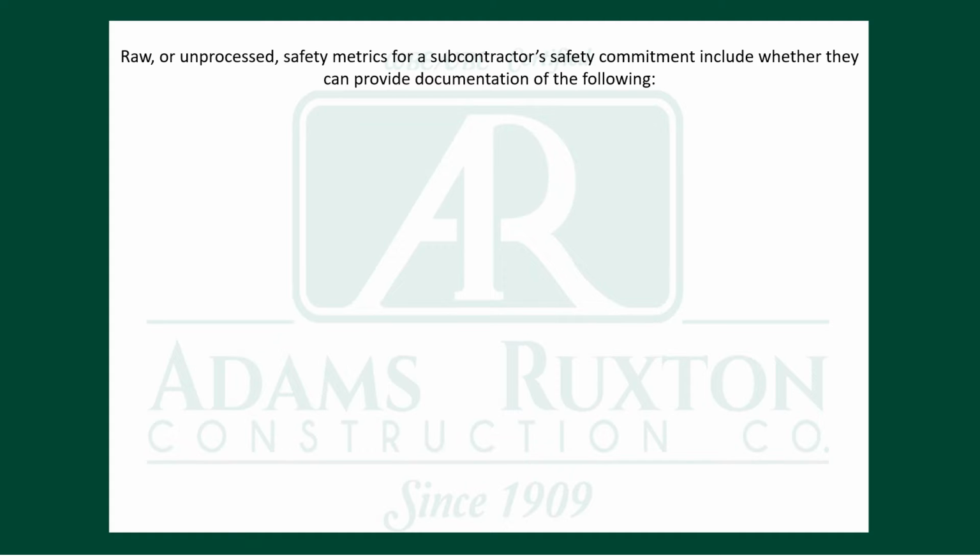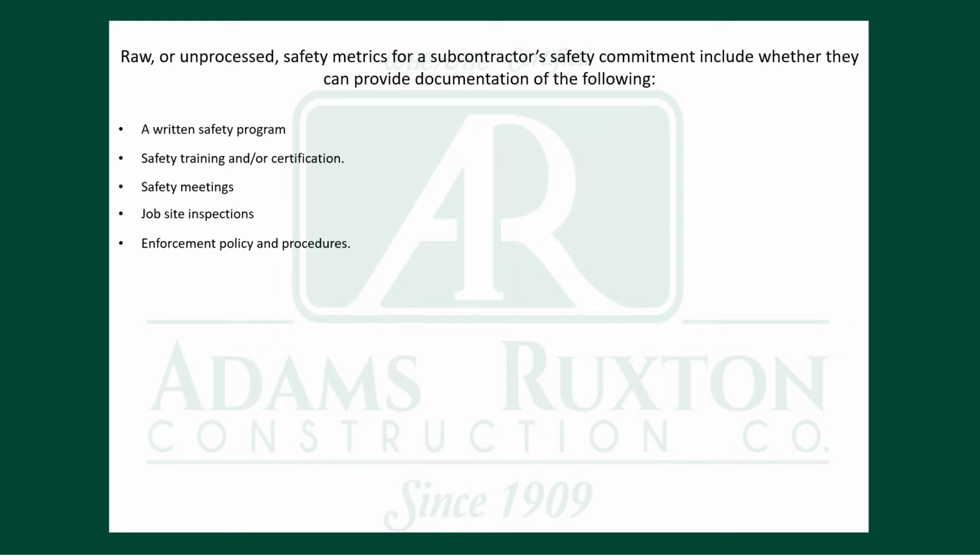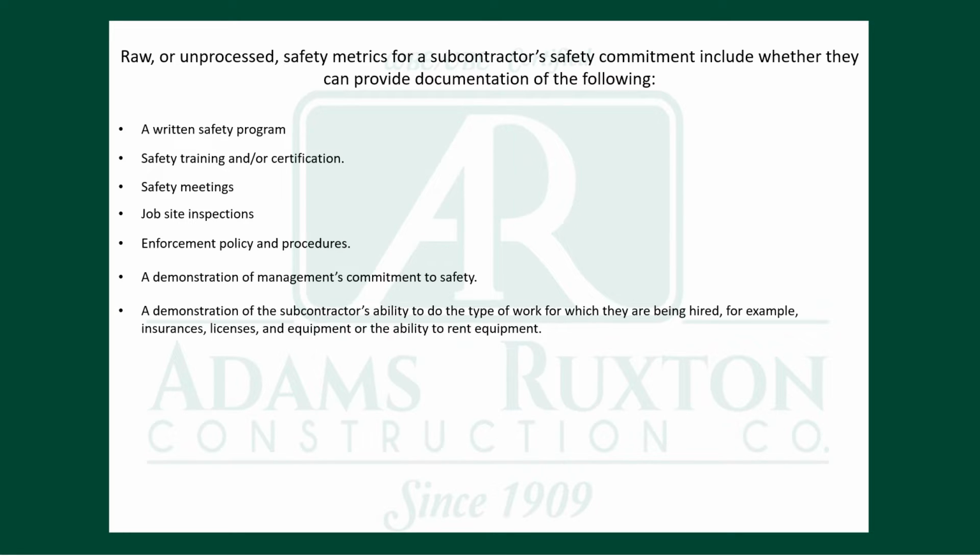Raw or unprocessed safety metrics for a subcontractor's safety commitment include whether they can provide documentation of the following: a written safety program, safety training and/or certification, safety meetings, job site inspections, enforcement policy and procedures, a demonstration of management's commitment to safety, a demonstration of the subcontractor's ability to do the type of work for which they are being hired, for example, insurances, licenses, and equipment, or the ability to rent equipment.